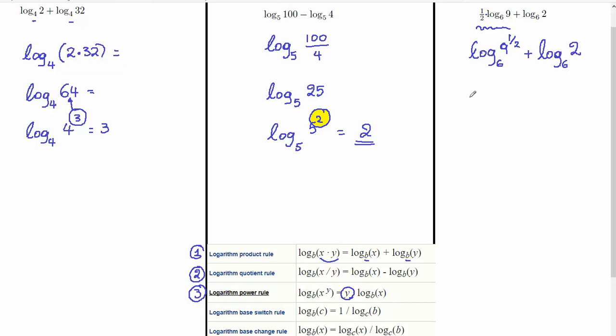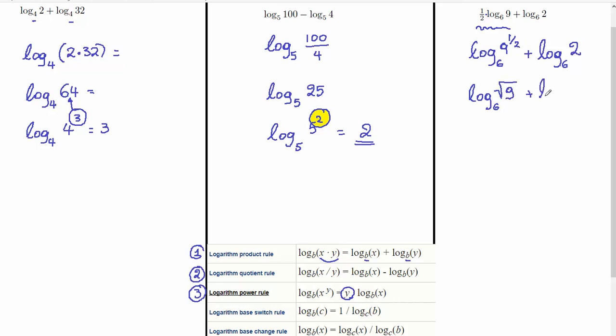Now, the first thing that I need to remember is that whenever I have rational exponents, 1/2 right here, this can be replaced by a radical. Since 2 is the denominator of the exponent, the radical that I use is of order 2, meaning I have a square root. So this is nothing else than the square root of 9.